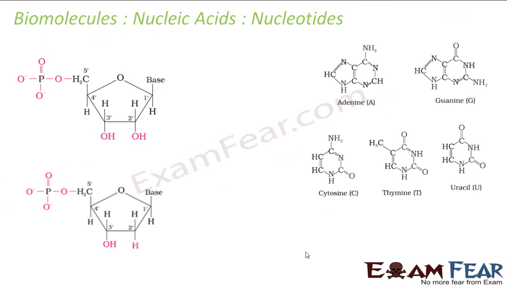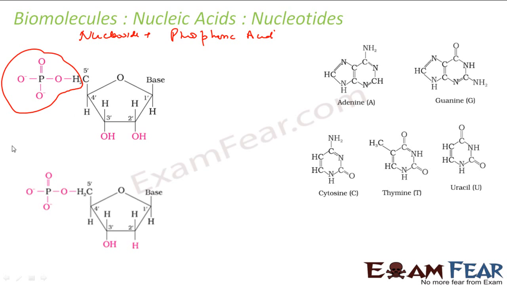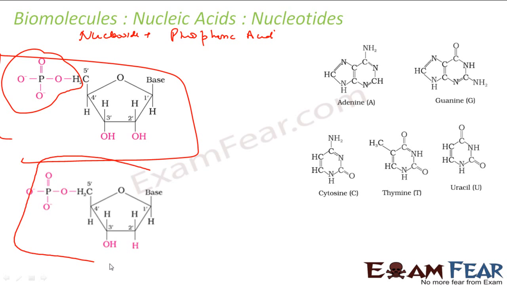Now on the nucleosides, if you take a nucleoside and add phosphoric acid, you get a nucleotide. For example, if you see, this is phosphoric acid added. So this whole thing is a nucleotide. This is the case of ribonucleic acid, and this is the case where we took deoxyribonucleic acid. There's a base here, these are all the five bases.